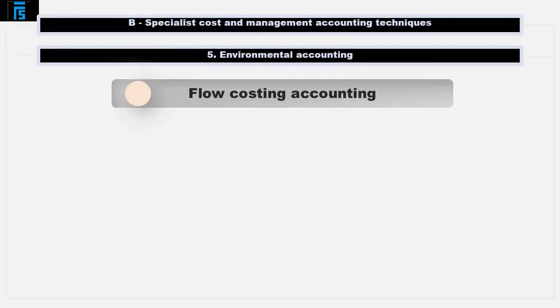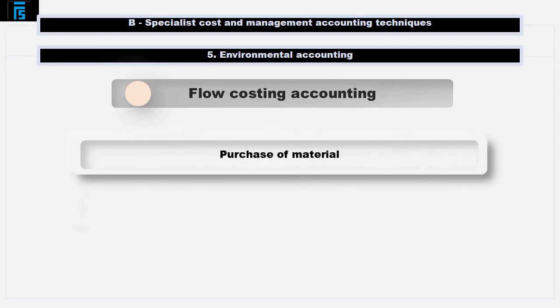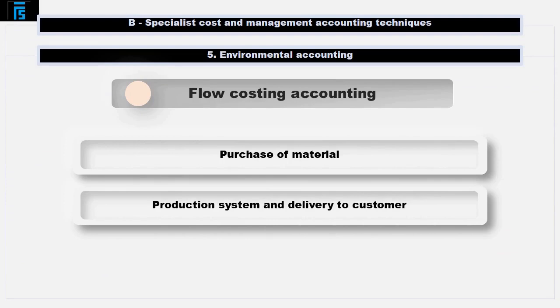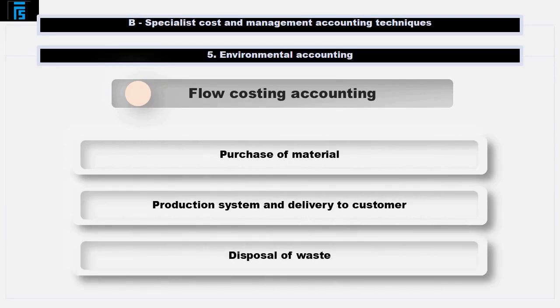Flow cost accounting. Flow cost accounting monitors the flow of material through a business in 3 categories of its organizational structure: the purchase of material, the production system and delivery to the customer, and disposal of waste.